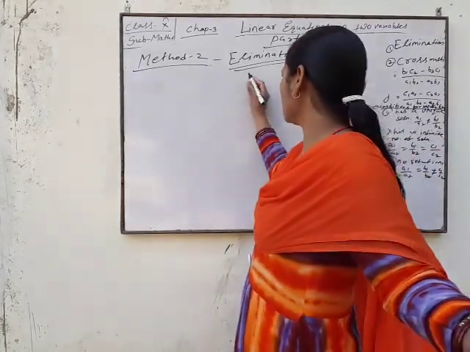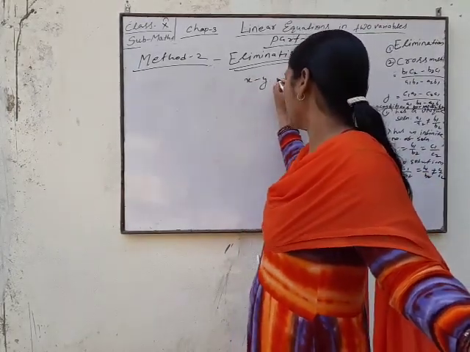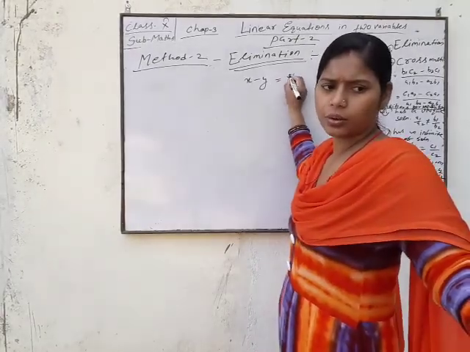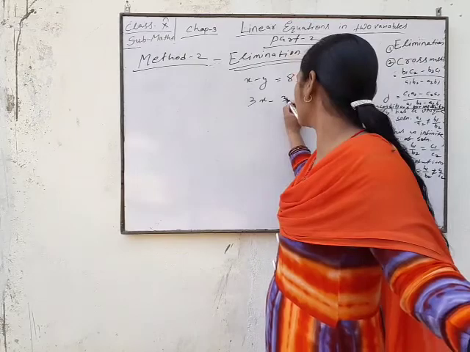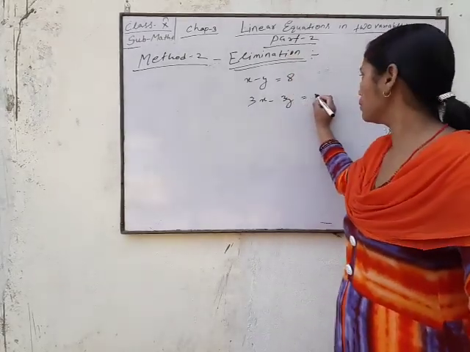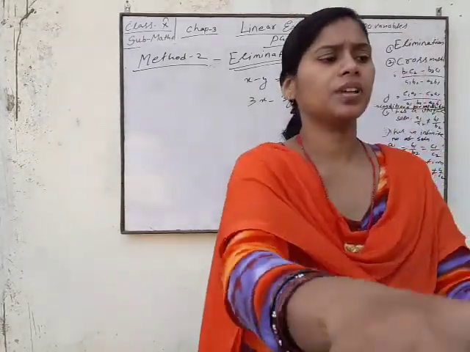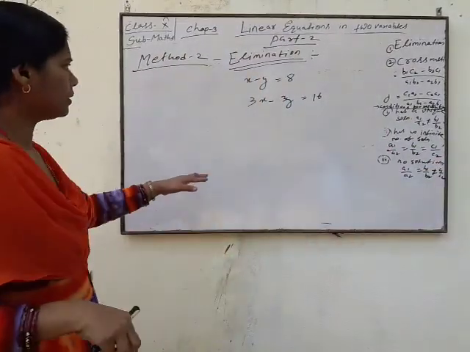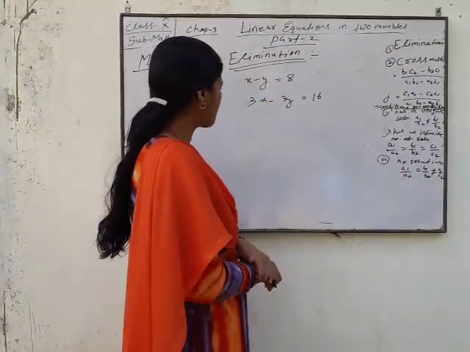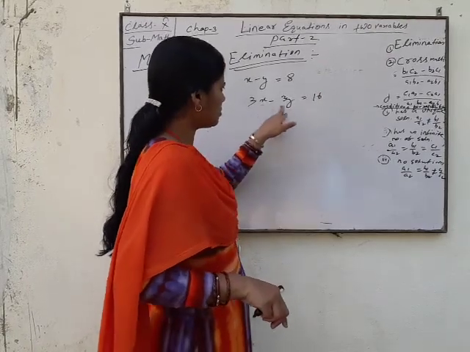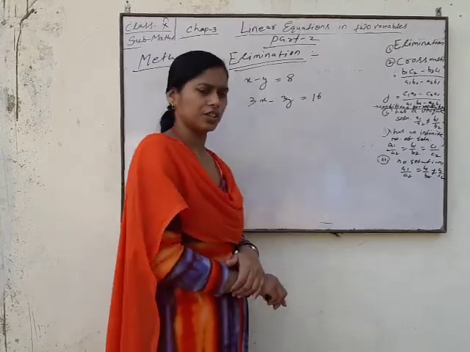Suppose the equations are x minus y is equal to 8 and 3x minus 3y is equal to 16. You are given two equations, x minus y equal to 8 and 3x minus 3y equal to 16.